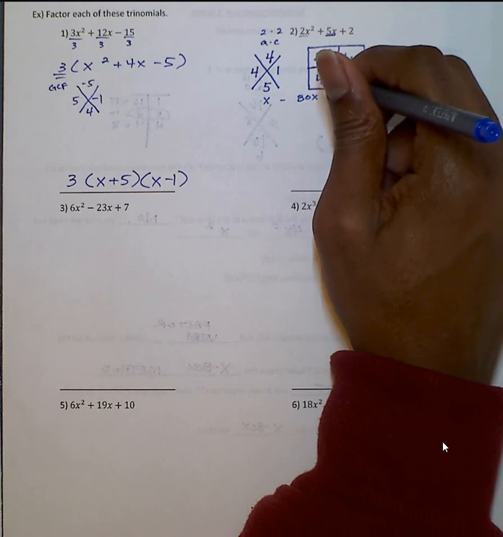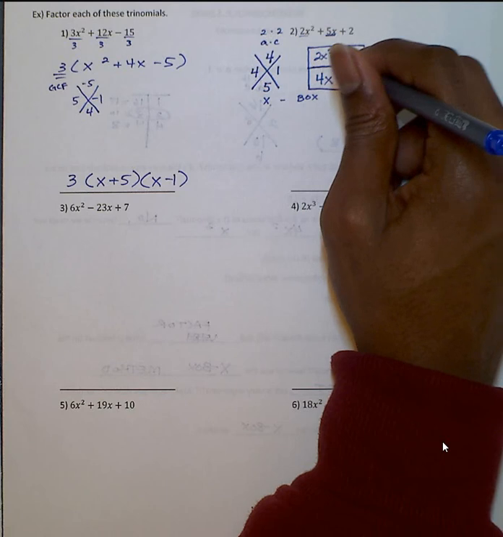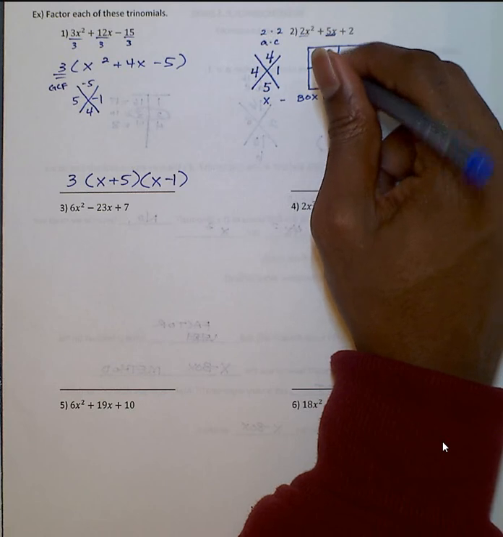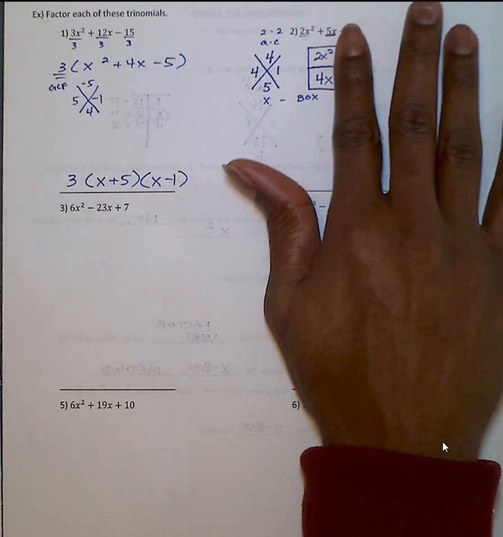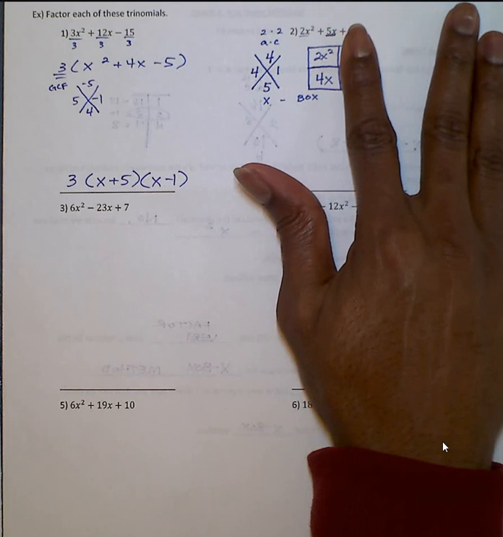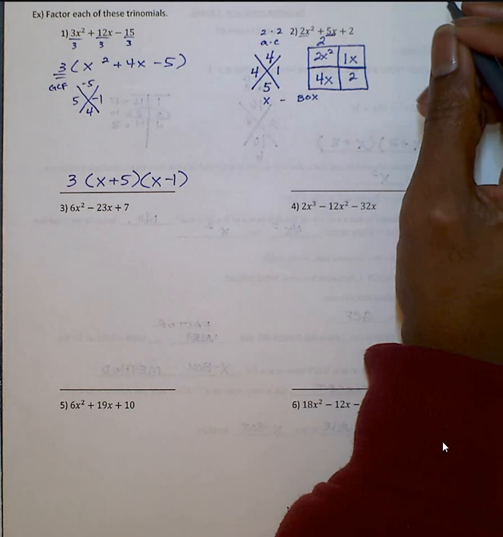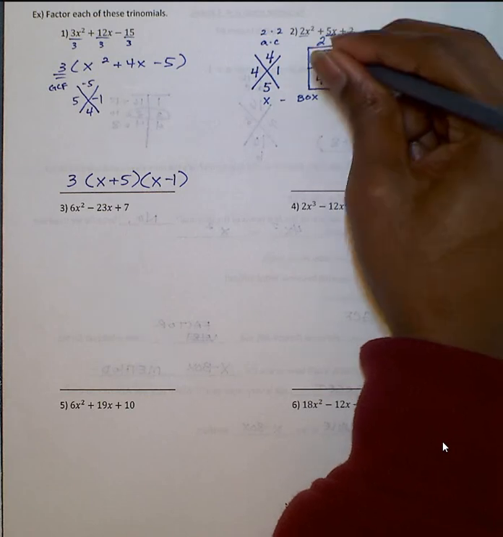Us factoring, we're going to go through each column and each row and we're going to take out the GCF. So I'm going to look at 2x squared and 4x. And I'm going to say, what's the greatest common factor between these two? Okay, I see that 2 goes into both 2 and 4. And I see that there's an x in both.